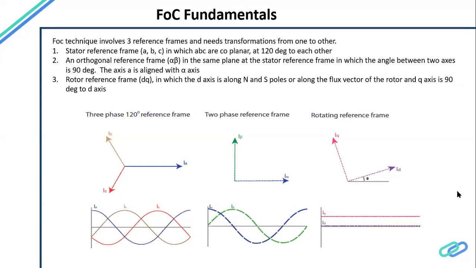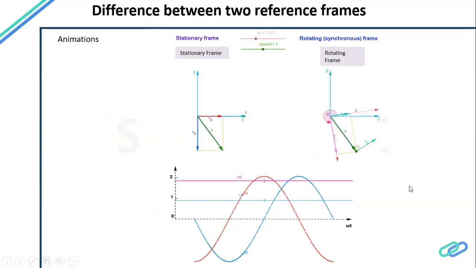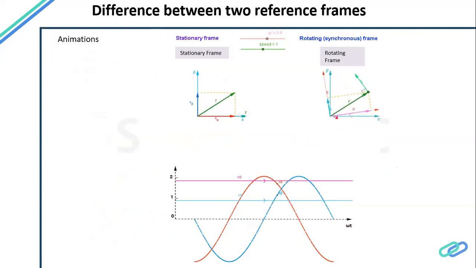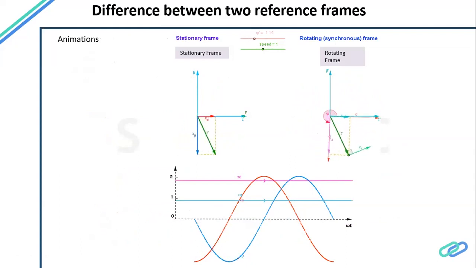So we can go from this nature to this particular nature, you can see here. This is a representation that if we look at this machine from the stator, it will look sinusoidal.